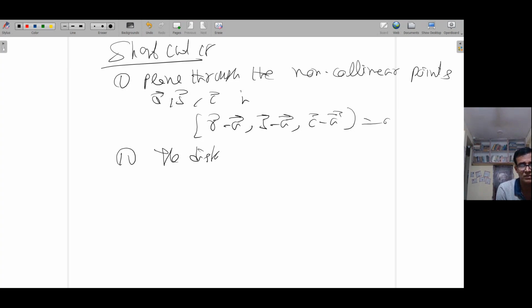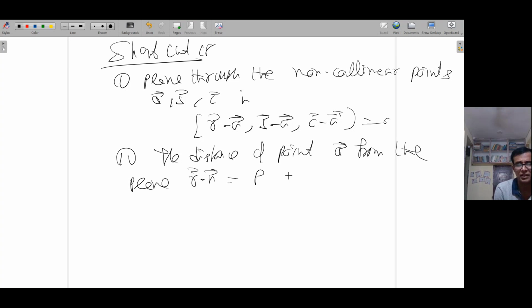The distance of point A vector from the plane R dot n vector is equal to P is A dot n minus P by magnitude of n. You can also do it in Cartesian, directly putting values: ax1 plus by1 plus cz1 plus d by under root of a square plus b square plus c square. You can do this too. Okay.